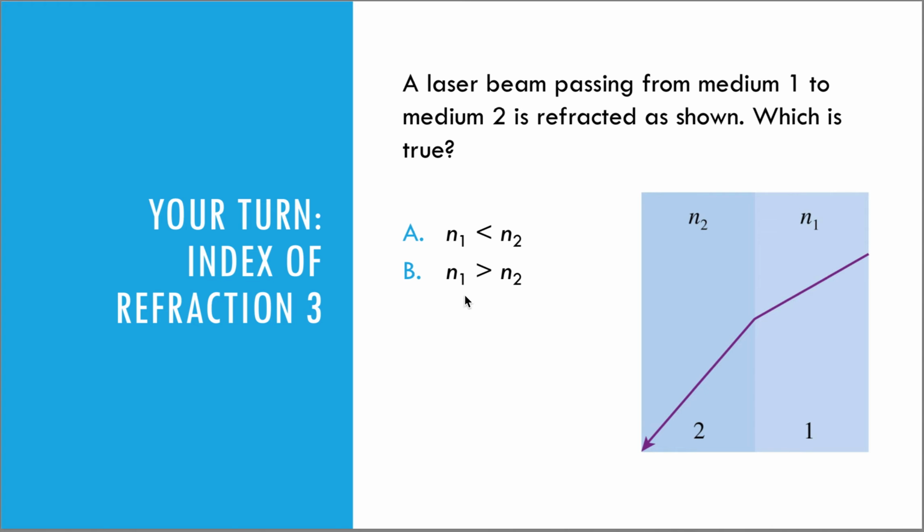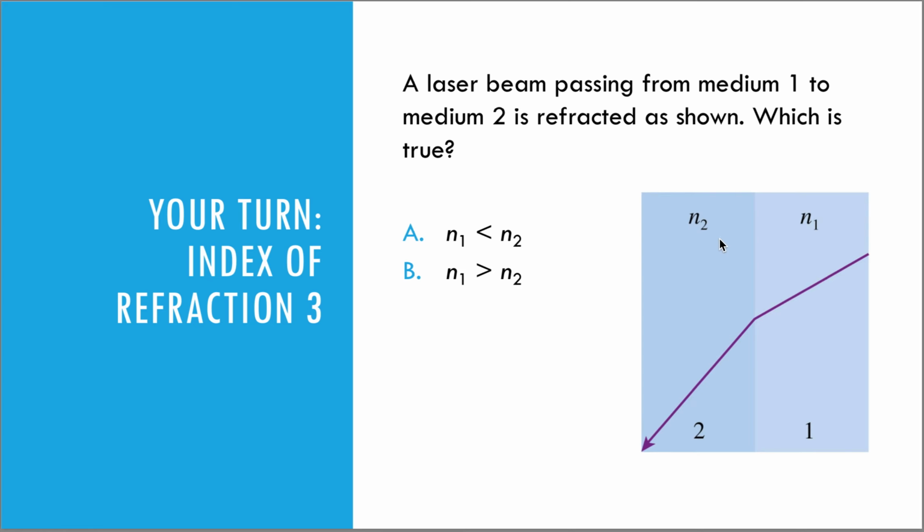The last question I have in this section is another one where you should be able to look at this drawing and figure out which index of refraction is higher. What I like about this one is that it doesn't show the normal for you, so you have to draw it in yourself.